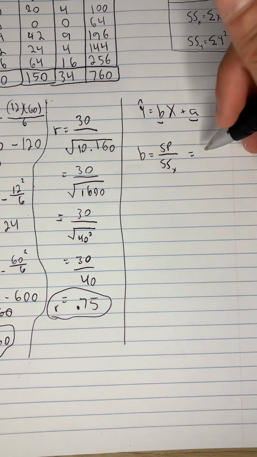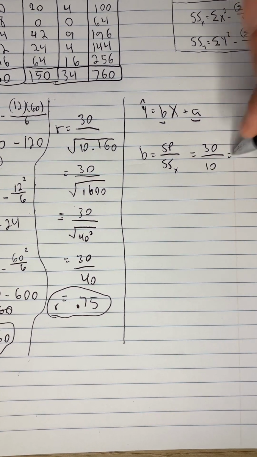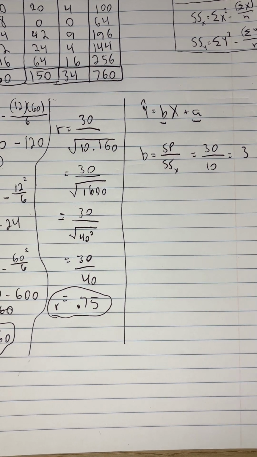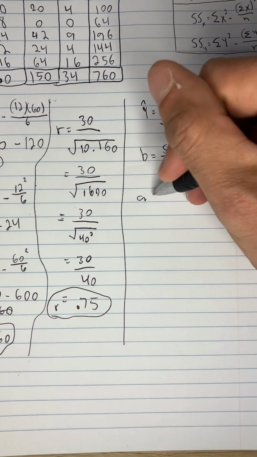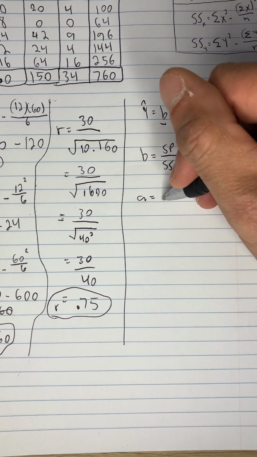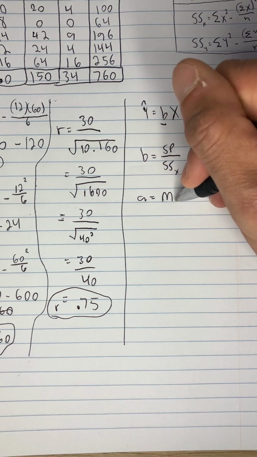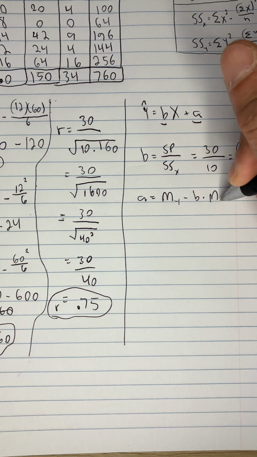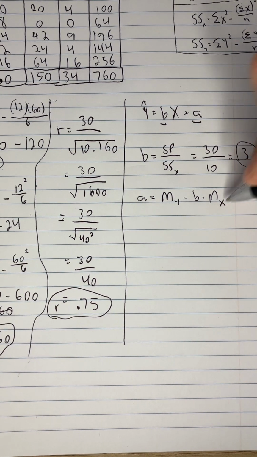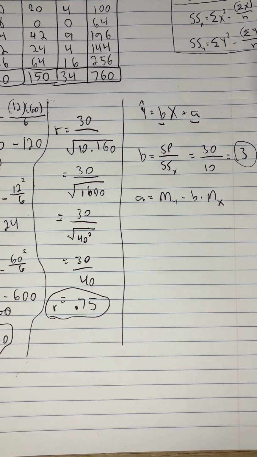So that is 30 over 10. So that's 3. And A is equal to the mean of y minus B times the mean of x. So we need to find the mean of x and the mean of y for this one.